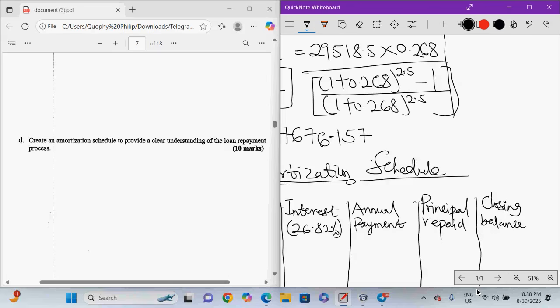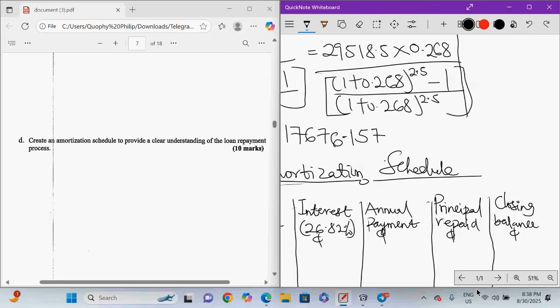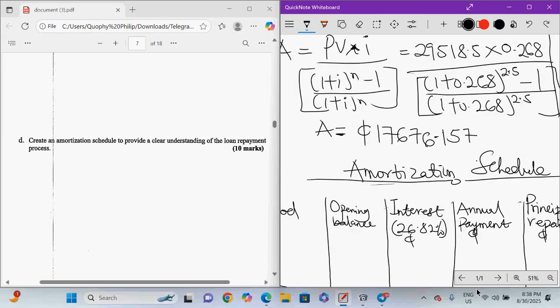All of these are in Ghanaian currency. This is also known as the principal.